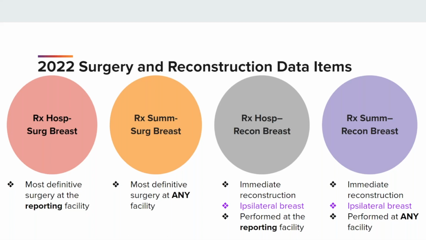Another important note regarding the reconstruction codes is only ipsilateral reconstruction is coded to these fields. Lastly, Rx Recon breast records immediate reconstruction performed at any facility. Please note that these last 2 data fields also are 4 alphanumeric digit codes that begin with the letter A, so be sure not to confuse these with the new surgical codes we're discussing today. Let's look at some examples.